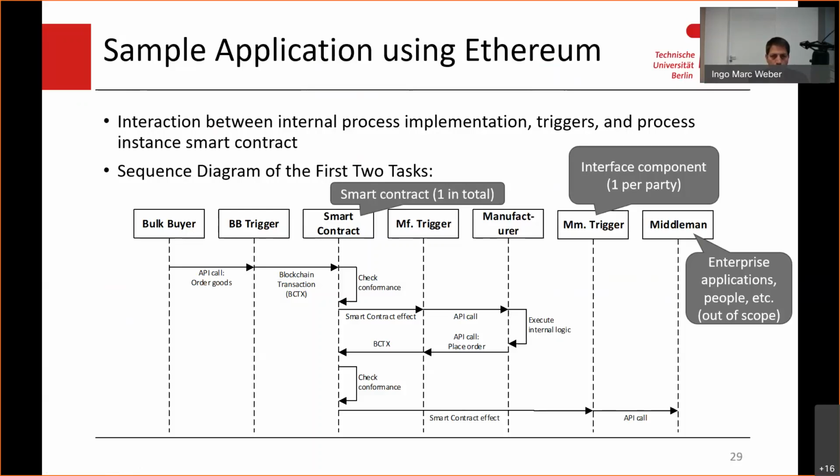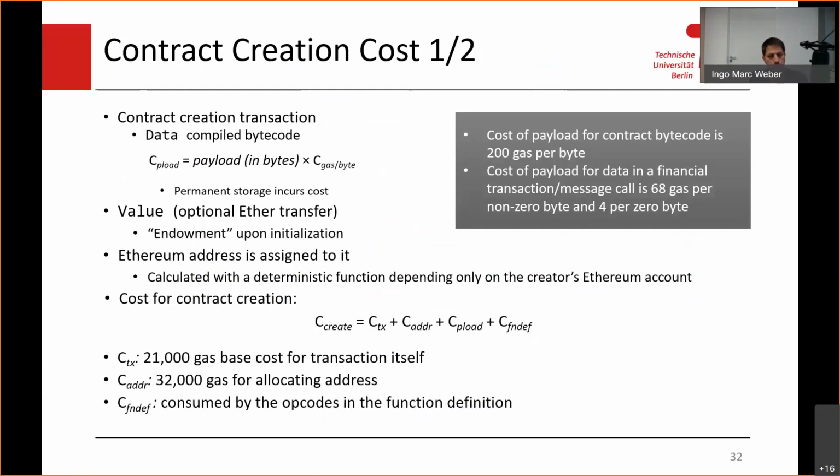All right. And just to highlight one aspect, just to give you a feel for what the cost estimation framework looks like. A fair number of formulas. So this is for creating a smart contract. So you have the data with the bytecode of the compiled contract, and that you multiply by the gas price per byte. And then you have a few other things.